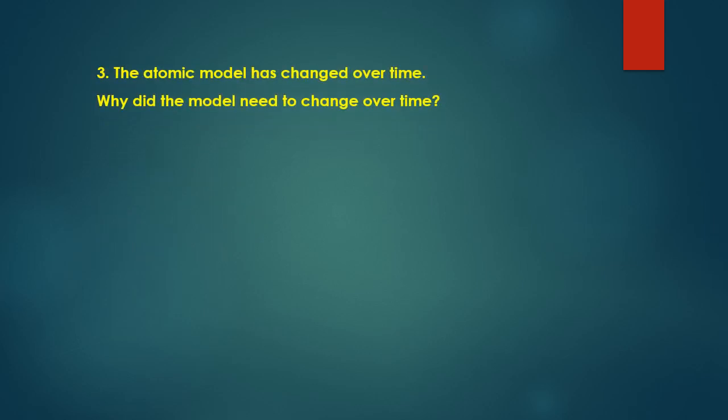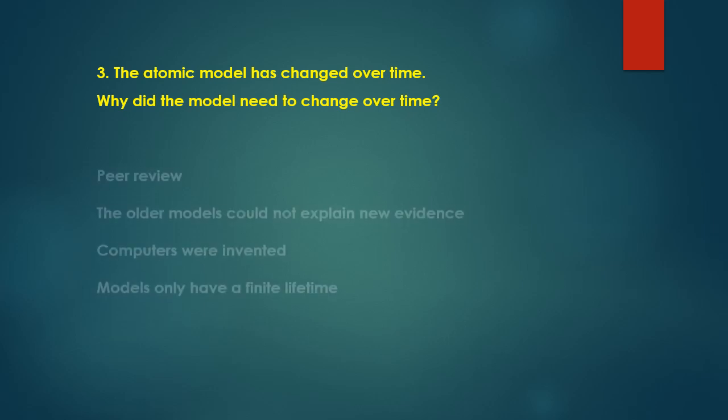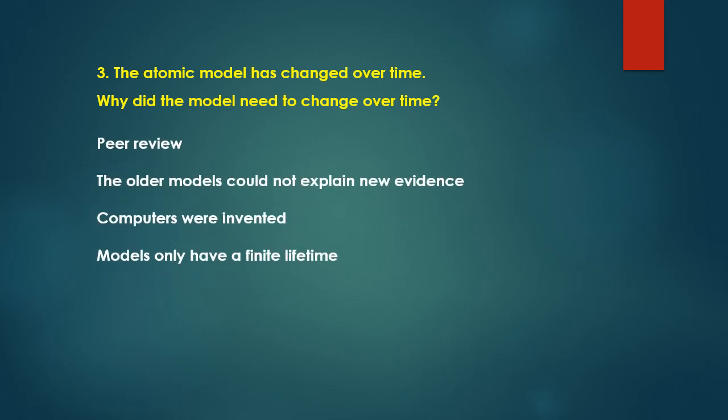Question number 3. The atomic model has changed over time. Why did the model need to change over time? This is a very popular exam question. It has been asked many times before. Why do we change a model? We generally change a model when we can't explain the things happening around us using that model.